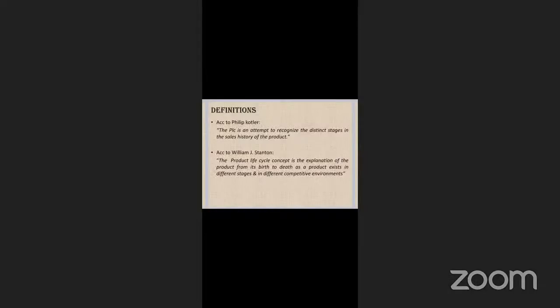When the product enters the market, nobody knows about the product which is available in the market. So in the introduction stage, they mainly focus on giving awareness to the customers in the market.